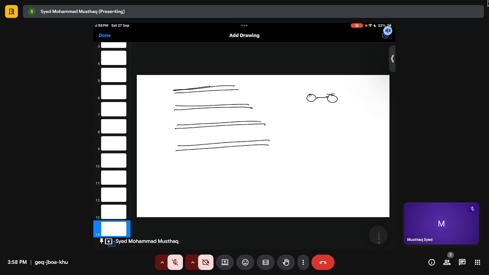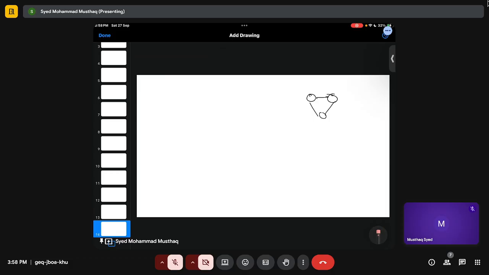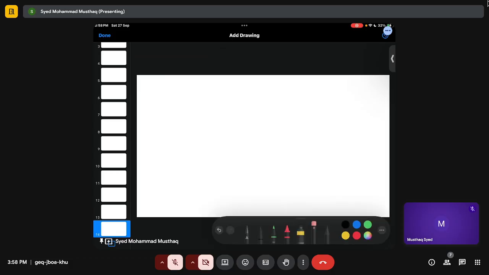So electrons can take this energy level and this one also, and if I get another atom, then again another orbital will come into the picture. So you will understand. Okay? Let's say this is my atom.